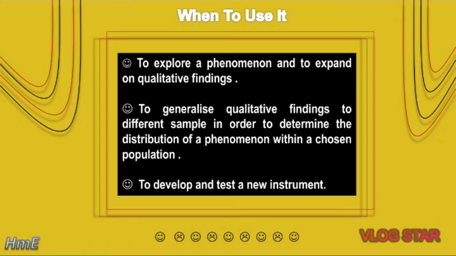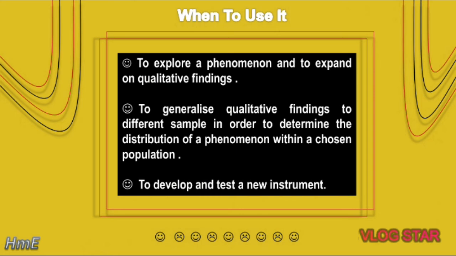Then next, to generalize qualitative findings to a different sample in order to determine the distribution of a phenomenon within a chosen population. If the researcher wants to explore the qualitative aspect of a research problem, then he can immerse himself in this exploratory sequential design.